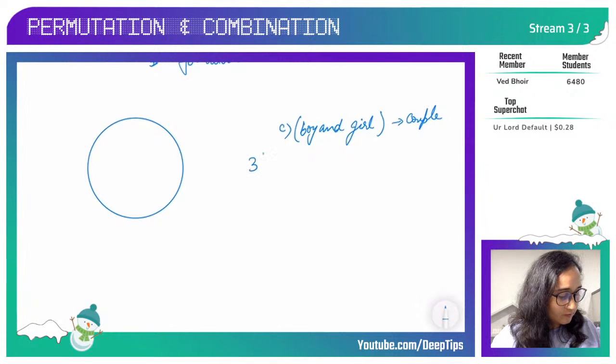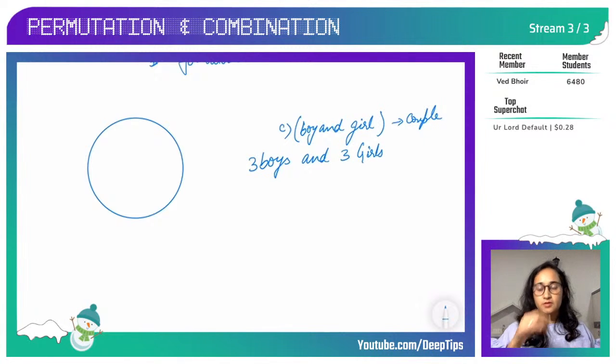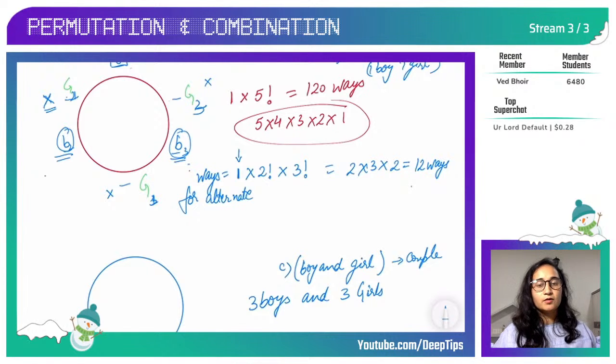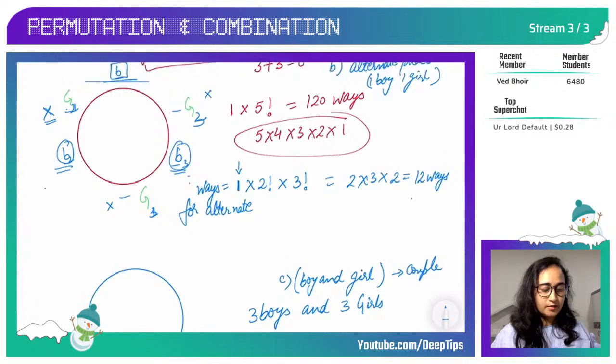So when I have 3 boys and 3 girls, they have to sit on the round table, but they are sitting together. Here in the alternate case, boy and girl were not sharing the same place.